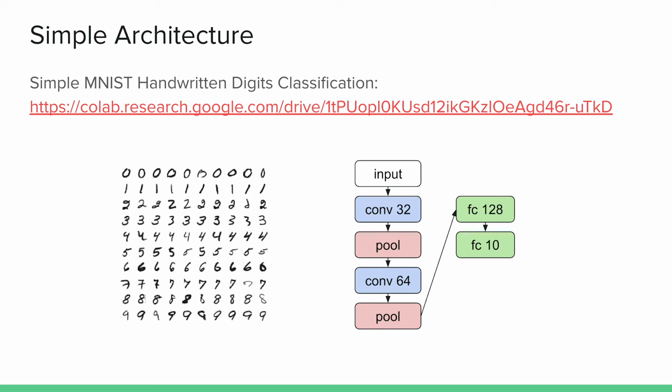So a very simple architecture that uses all of these ingredients and all of these parts for doing a kind of hello world of deep learning would be to do digit classification on the famous MNIST handwritten digits. So what is the input here?